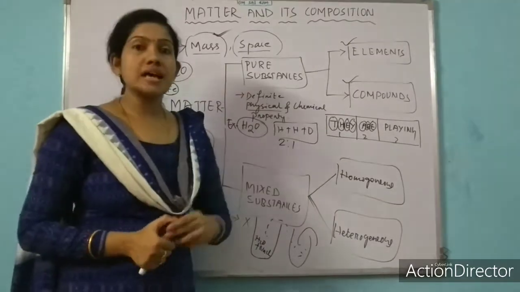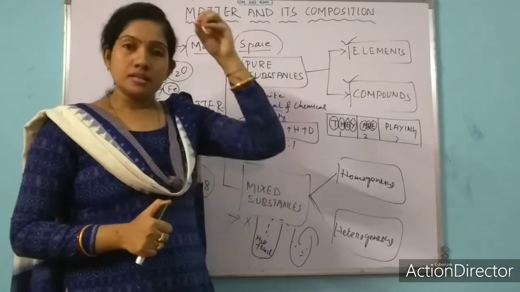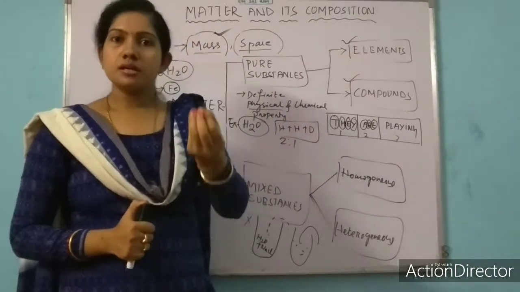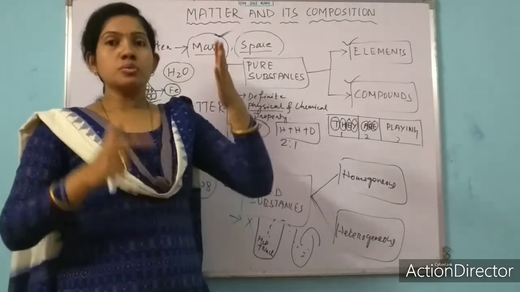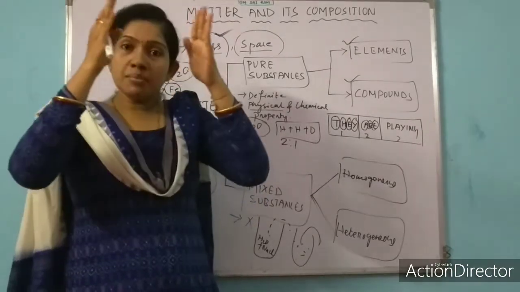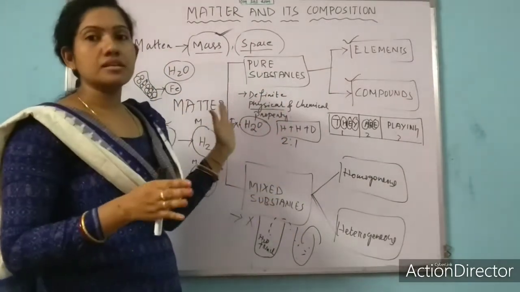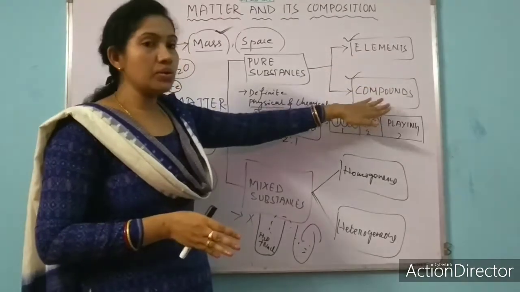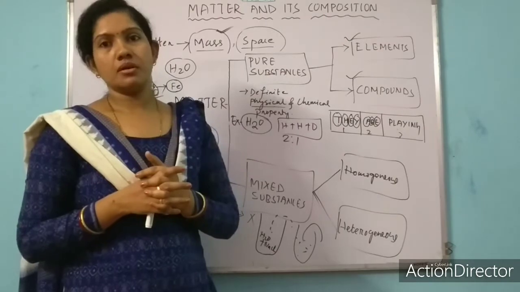So elements are pure substances that have similar atoms in them. Or we can take a piece of silver, or a piece of gold. Pure substances that have a similar kind of atoms in them, we call an element. Then what is a compound? A compound is the combination of molecules or atoms.